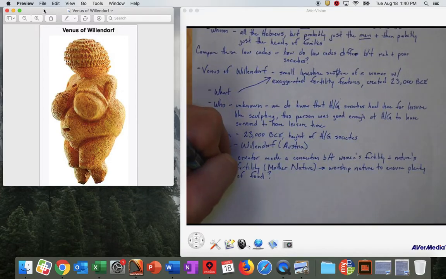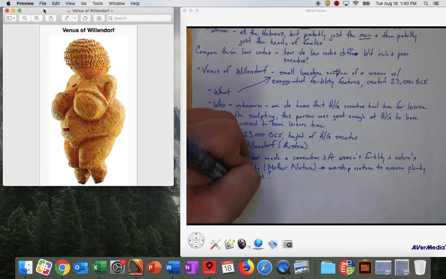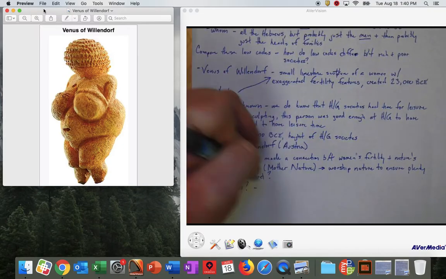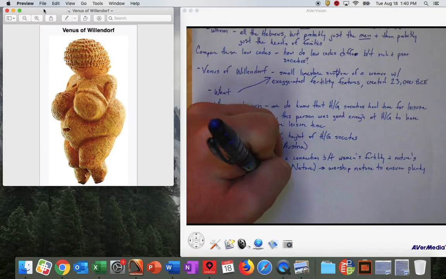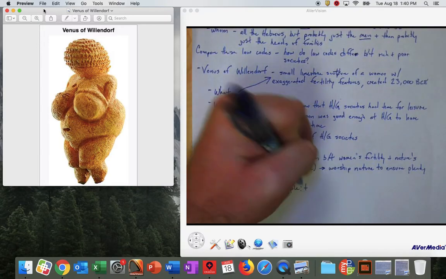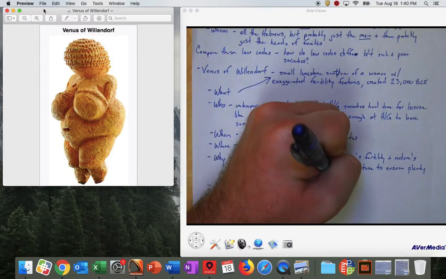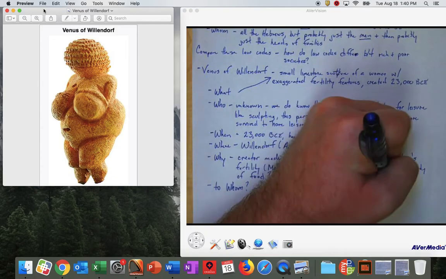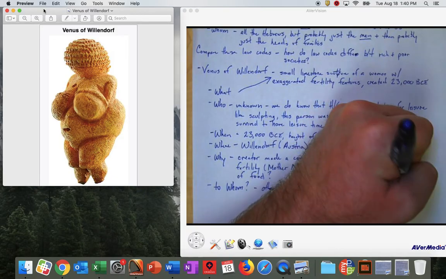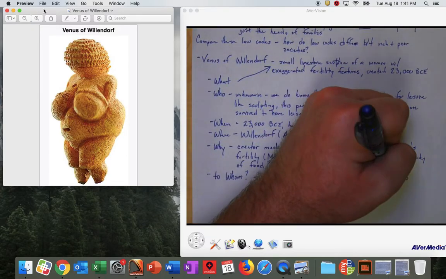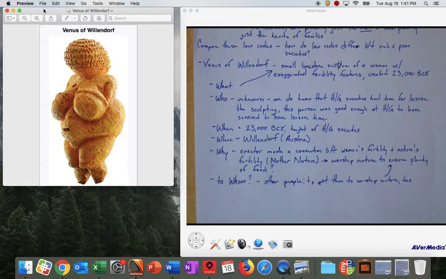Last question, to whom? Well, one possibility might be other people, to get them to worship nature, because more people worshiping nature might mean that we get more food.